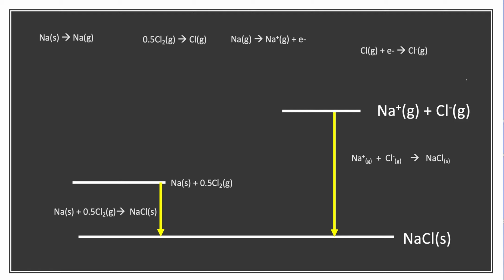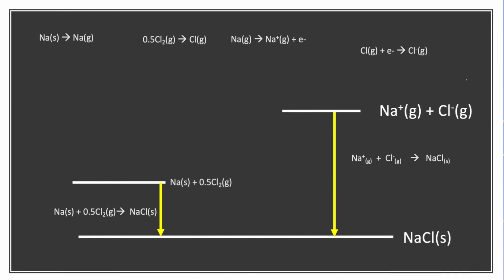So if we now look at our left hand side and the second line up, we've now got sodium solid and a half Cl2 gas. We need to find an equation from the four of those above which starts either with Na solid or half Cl2. And you can see I've got the first two going from the left hand side have that.